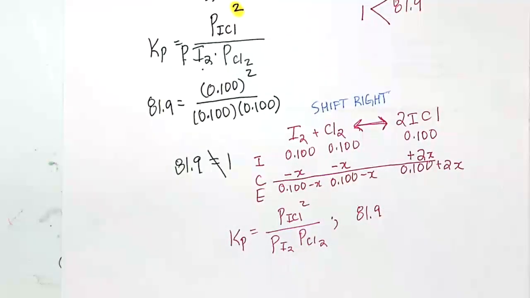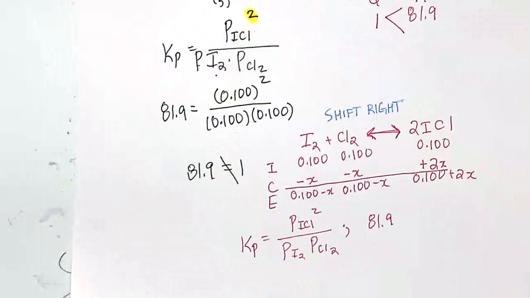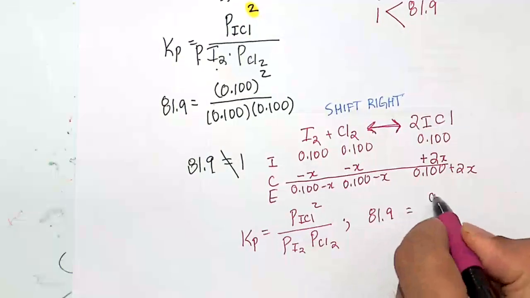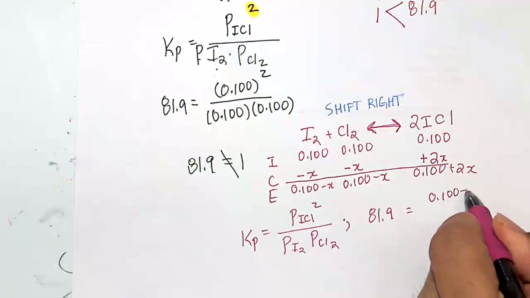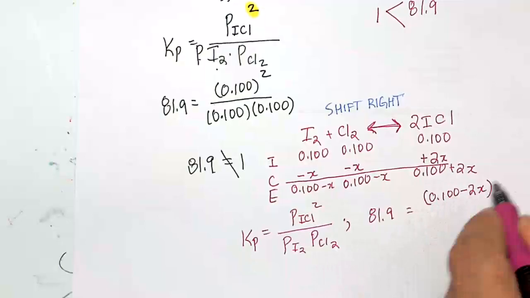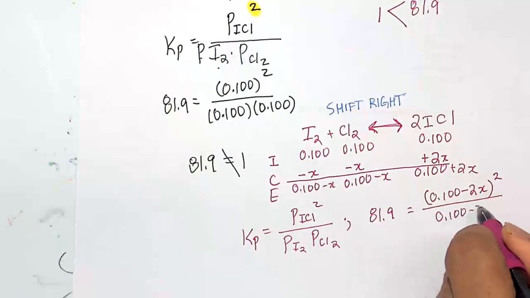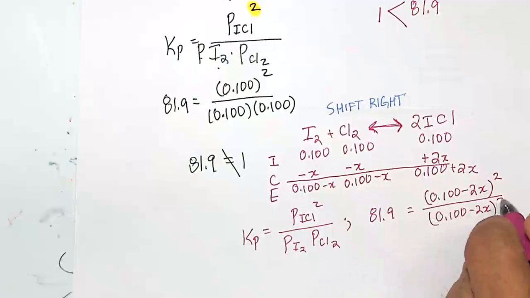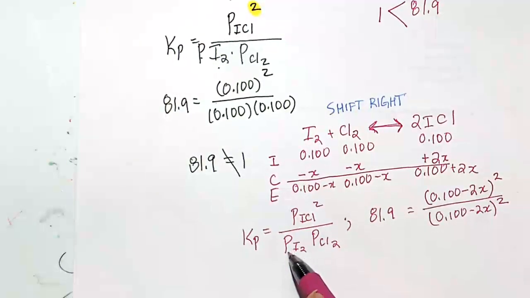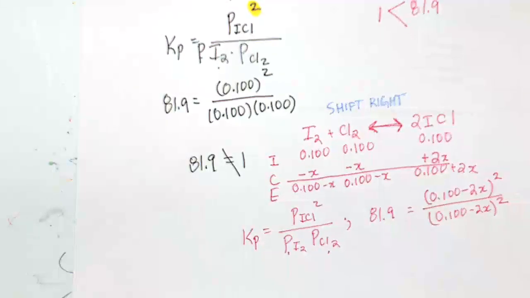So Kp is 81.9, given to us in the problem, equals 0.100 plus 2x squared divided by 0.100 minus x, squared, and 0.100 minus x, squared.